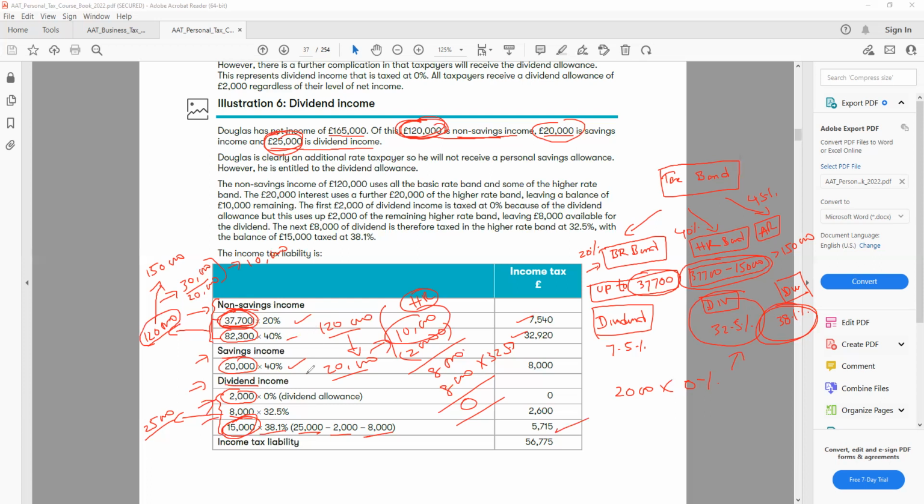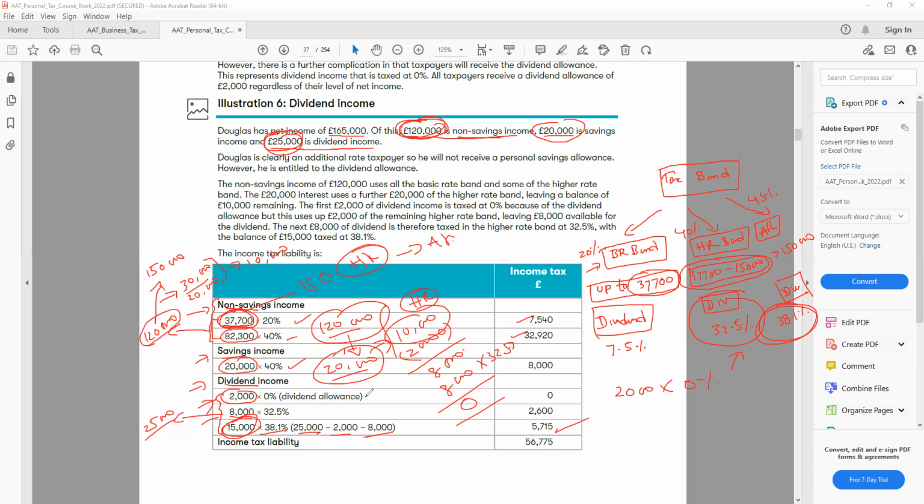Look at how much is the savings and dividend and see how much of the threshold is left from 37 to 150, because here we have to find the higher rate. And anything more than 150, then go for the additional. So you need to always keep adding, like non-savings, savings, and how much is left for the dividend. And this rate has to be multiplied based on how much threshold is left from each band. So that's how we need to calculate all this income tax.